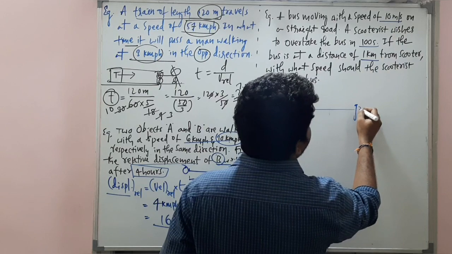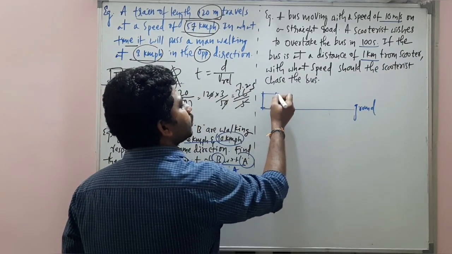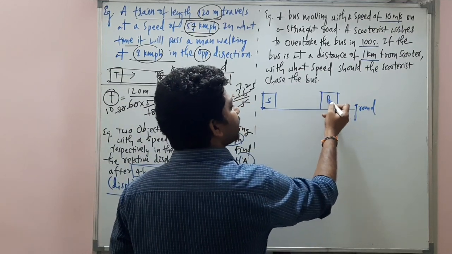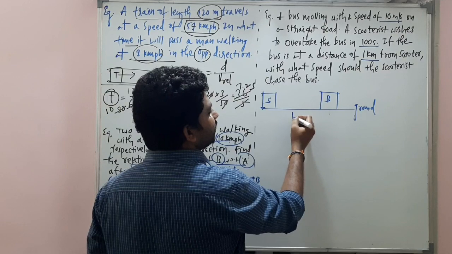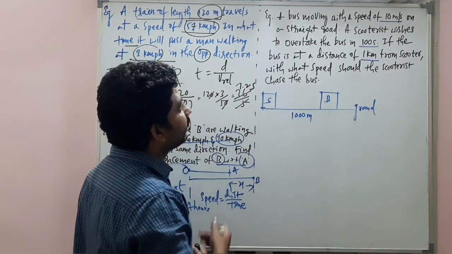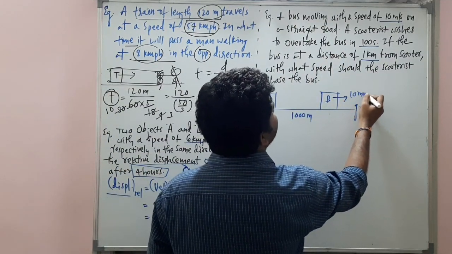There is a scooter here and there is a bus here. They are initially 1 kilometer, meaning 1000 meters apart. The bus is moving with a speed of 10 meters per second.